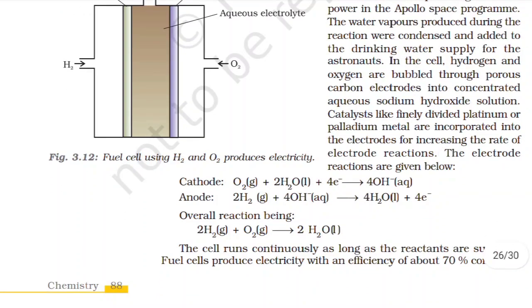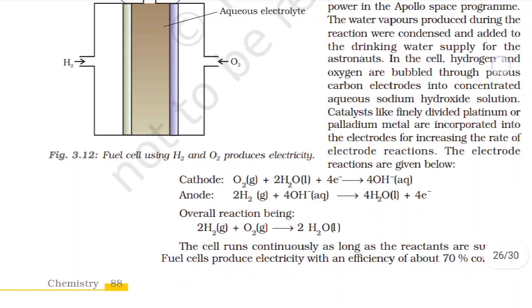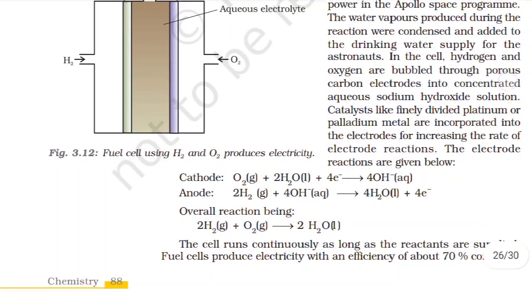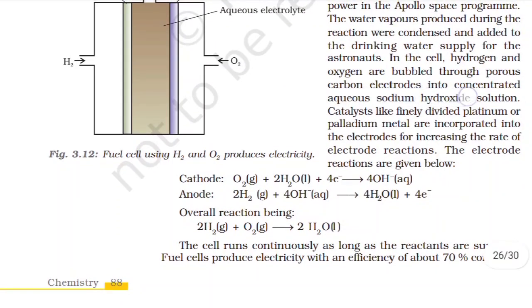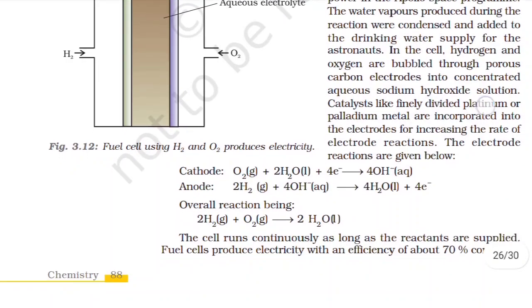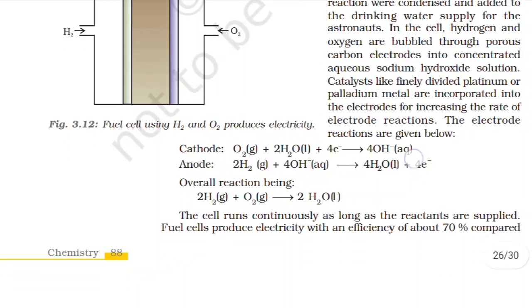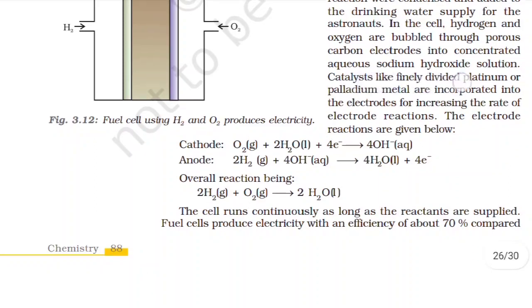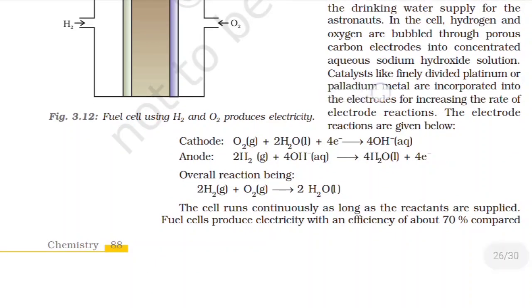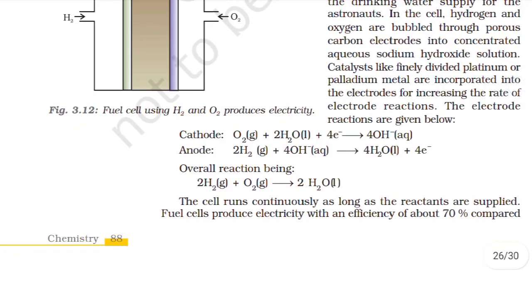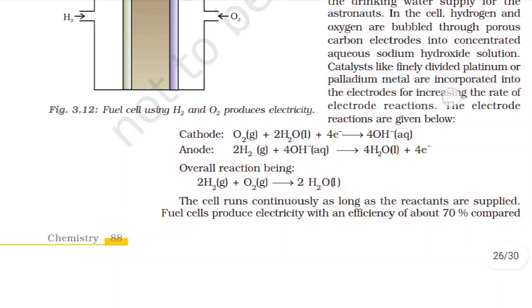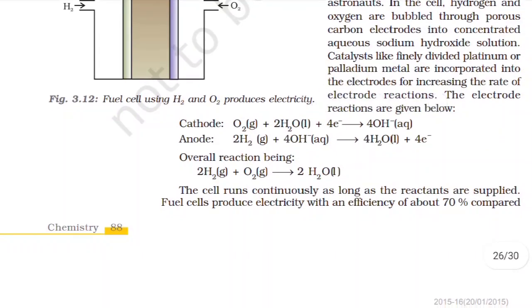In this cell, hydrogen and oxygen are bubbled through porous carbon electrodes into concentrated aqueous sodium hydroxide solution. Catalysts like finely divided platinum or palladium metals are incorporated into the electrodes to increase the rate of electrode reactions.